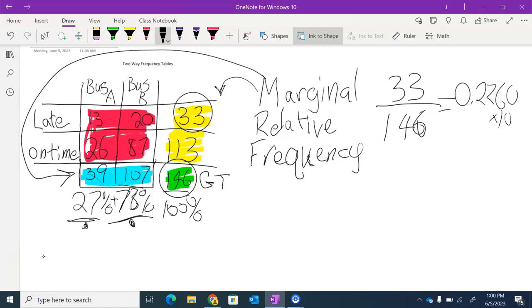Multiply it by 100, or simply move that decimal over, and we get 22%. 22% of the time, whether it's bus A or bus B, it is late. Okay, and that gives us the marginal relative frequency.